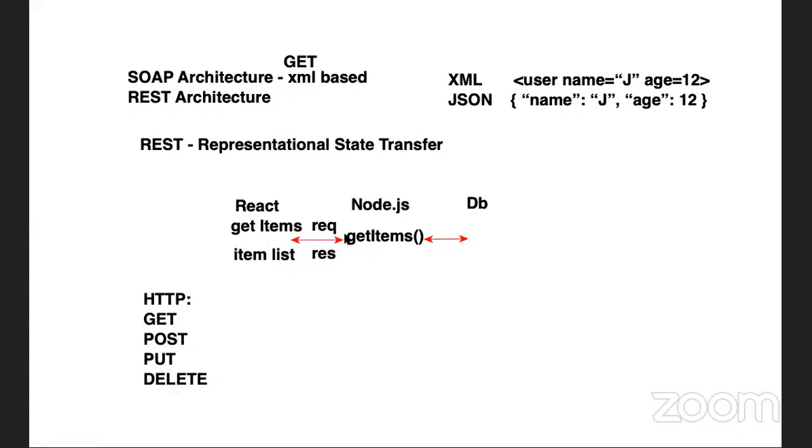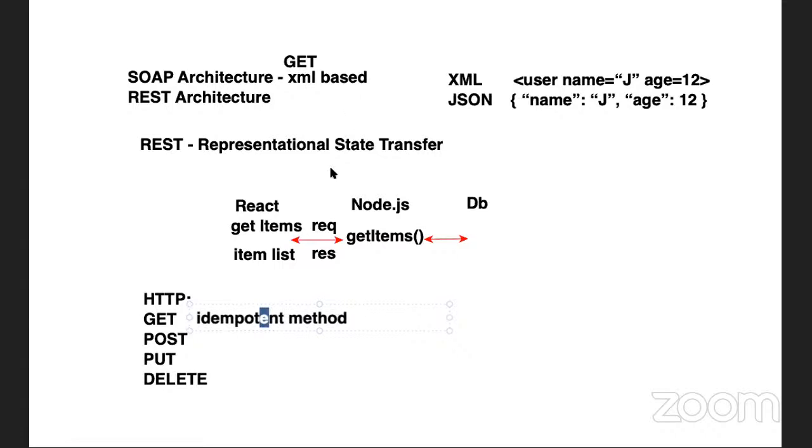What we are doing is we are just fetching the data from the database, right? So this becomes our idempotent method. What does idempotent method mean? That we can make several such get requests and it won't change any kind of state.